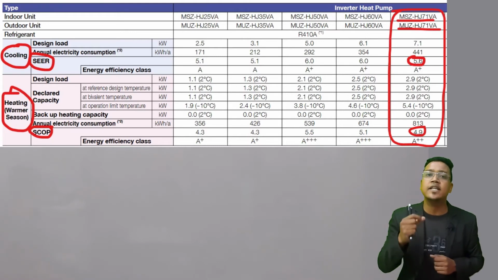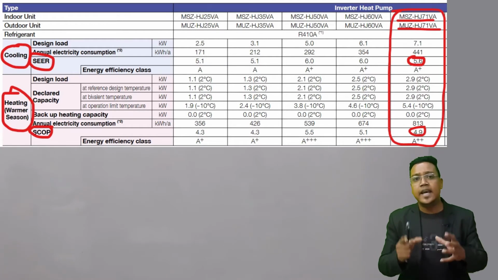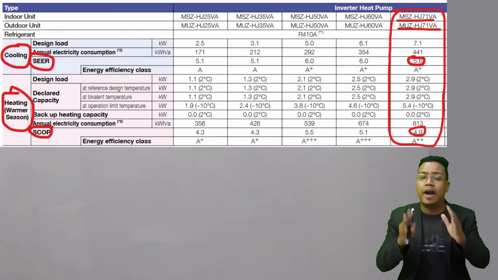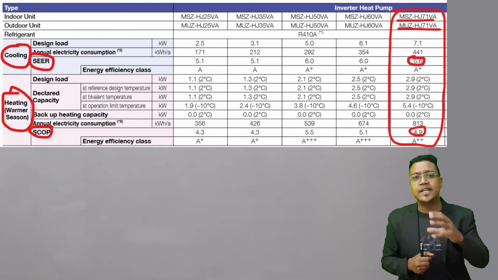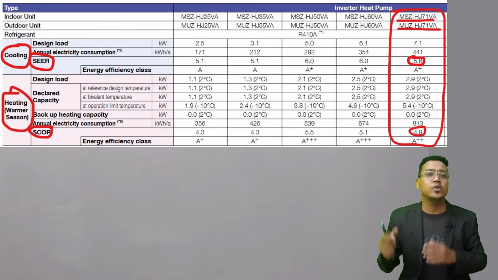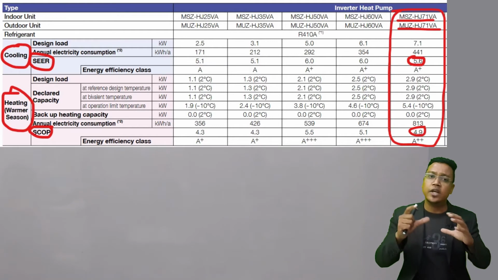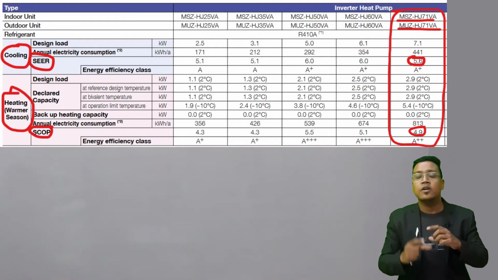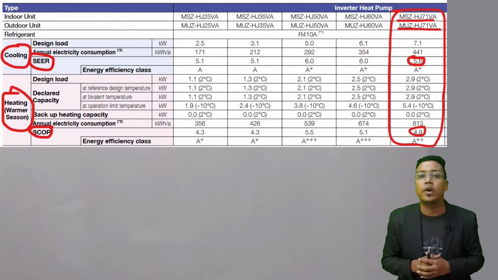S is seasonal energy efficiency ratio. Why this SEER? You have to think about that, because if you are using this AC in the summer season, then it is used for one season only. So SEER is for one season only.